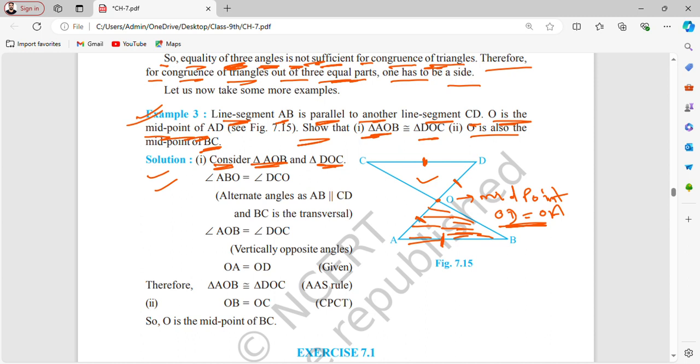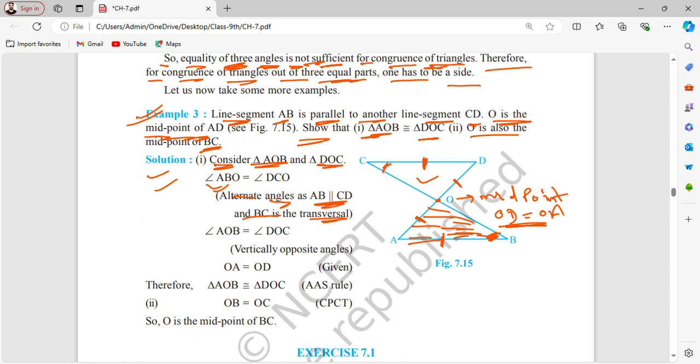Angle ABO, this angle, and angle DCO, this angle, are alternate interior angles, as AB is parallel to CD and BC is the transversal line.